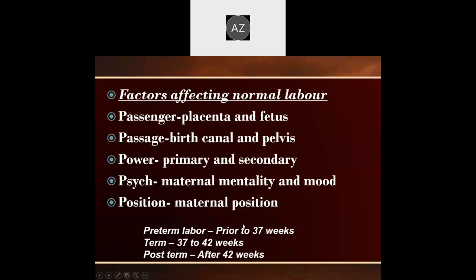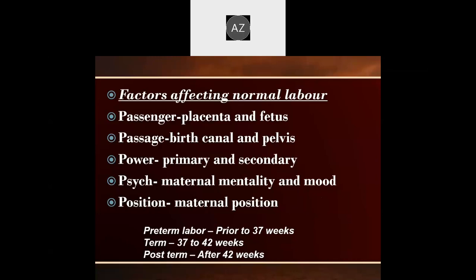So, factors affecting normal labor include the passenger, where the placenta and the fetus are the passengers, and then the passage, which is the birth canal through the pelvis, and then we have the power, the primary and the secondary.